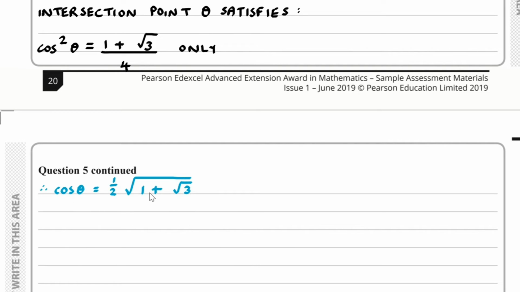So that's what cos theta is. And I can also find out what sine squared is. That's equal to 1 minus cos squared.